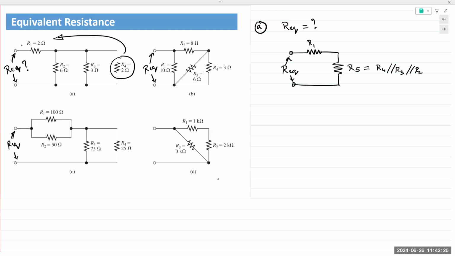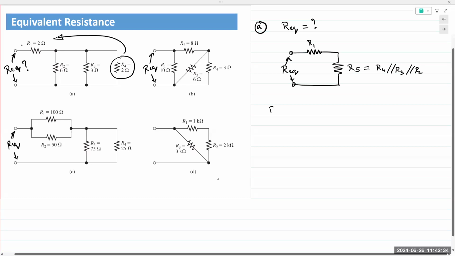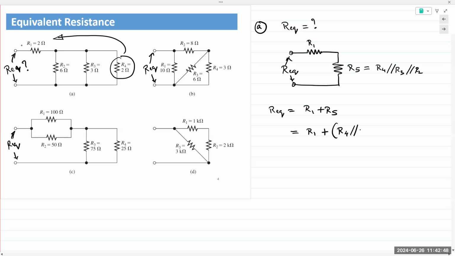Series, right? Because they are connected at one node. There are no more than two connections at that one node. So Req is R1 plus R5. R5, we have already established, is the parallel connection of R4, R3, and R2. And that's your resulting Req.